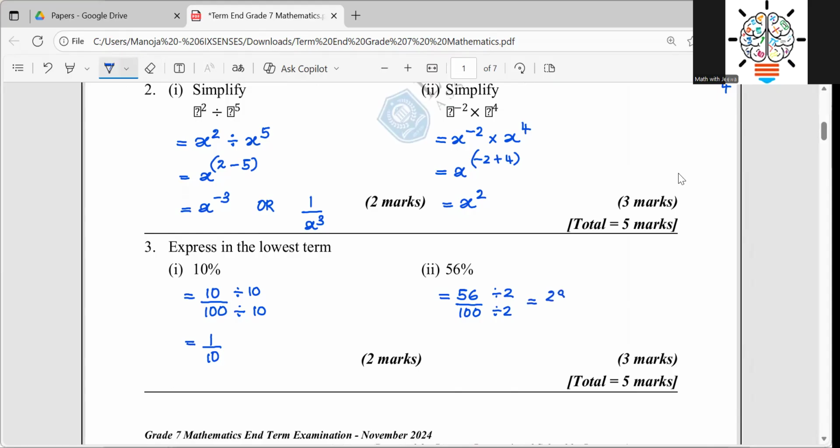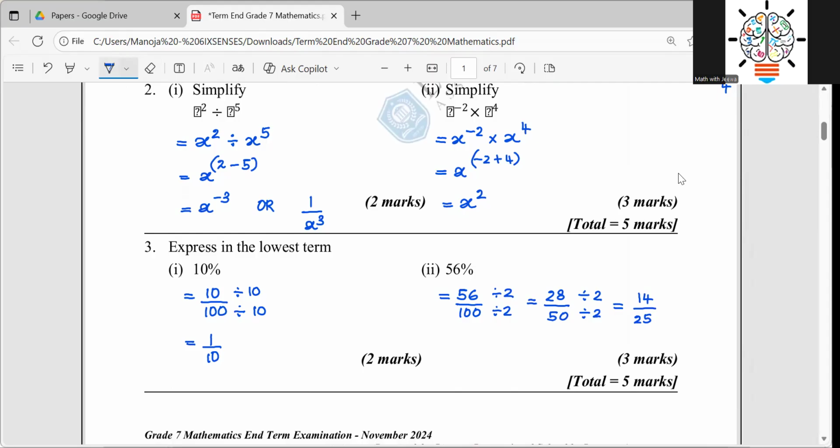Then you write 28 over 50. Then further you can divide this by 2. What will be the answer? 14 over 25.